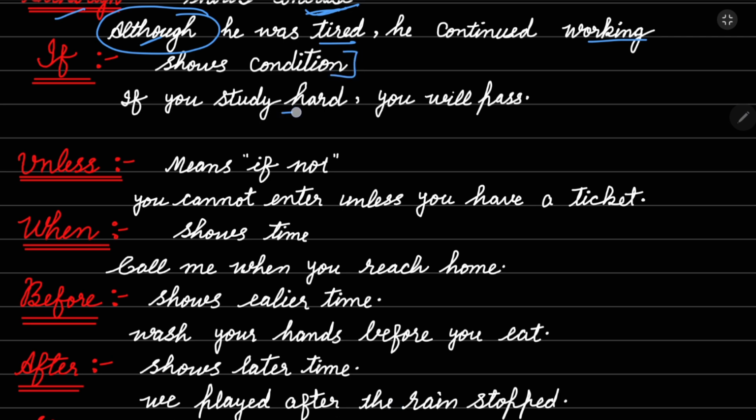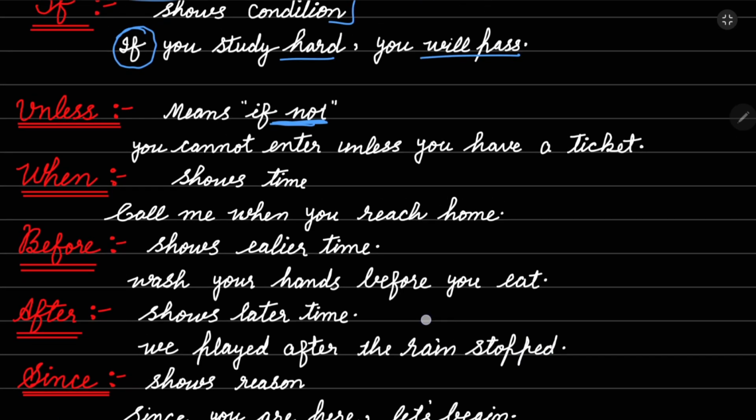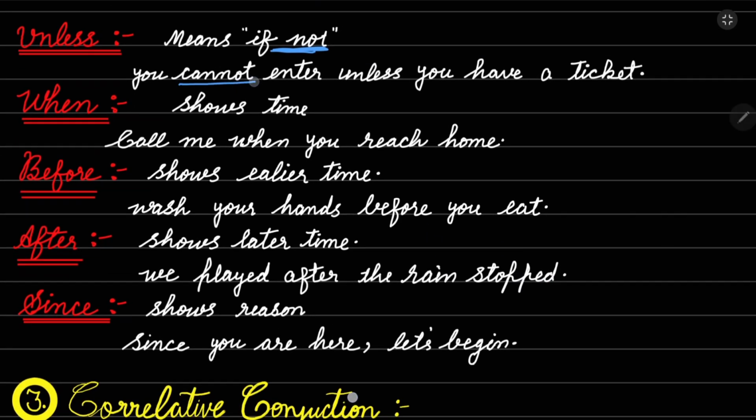For example, if you study hard, you will pass. Next is unless. Unless means if not. It is also a condition but in negative sense. For example, you cannot enter unless you have a ticket.